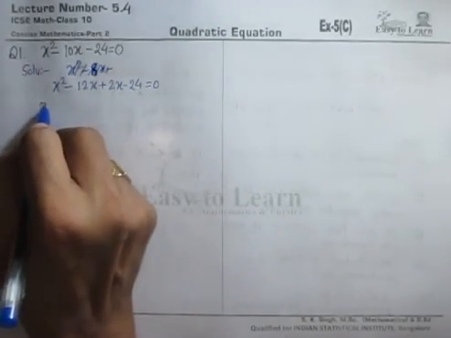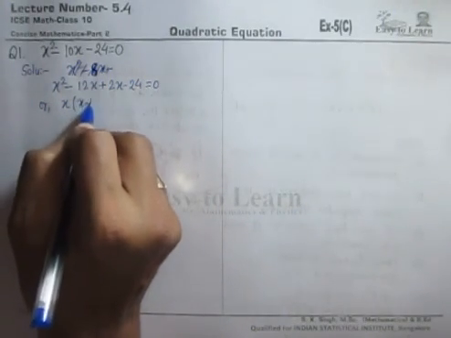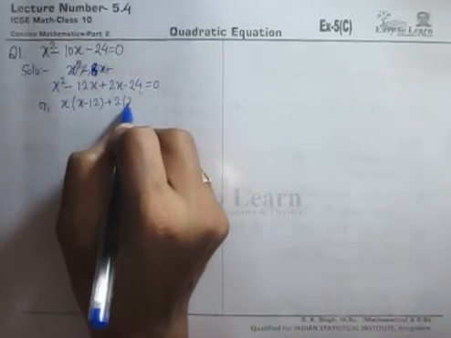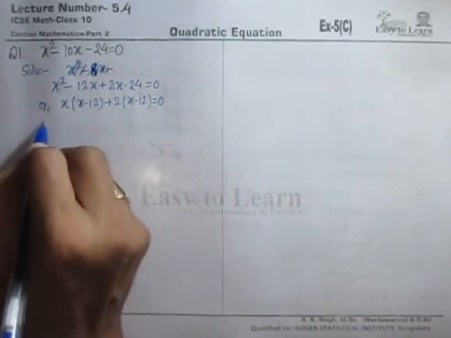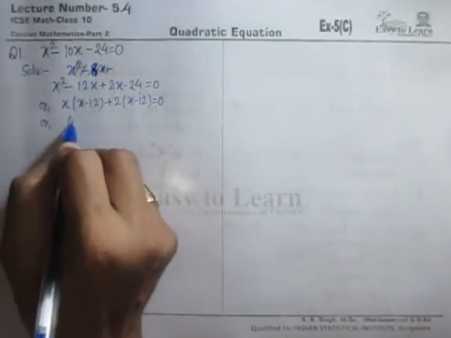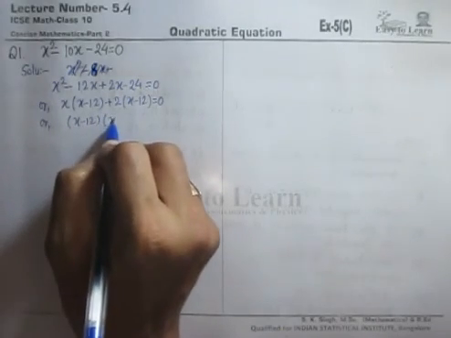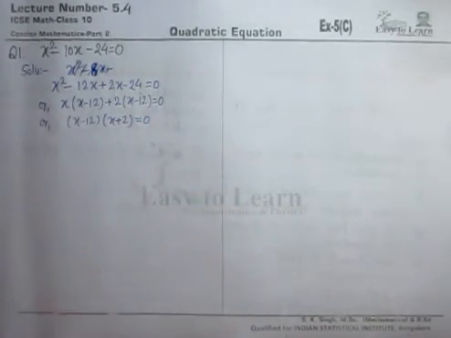Now from these two we can take x common, so x minus 12. Now from these two take 2 common, so x minus 12 into x plus 2 equal to 0.